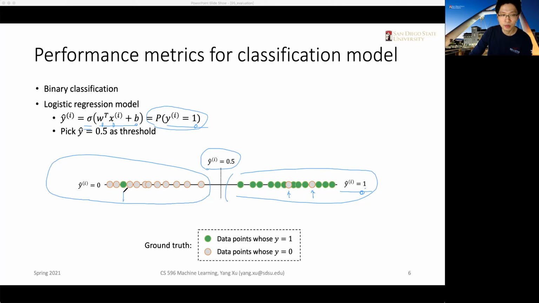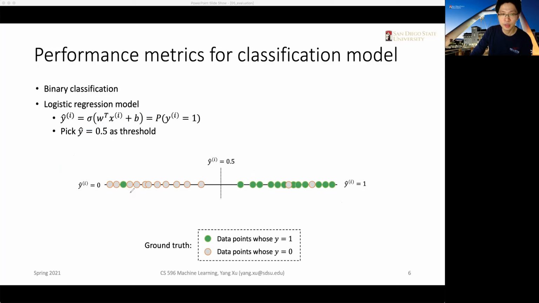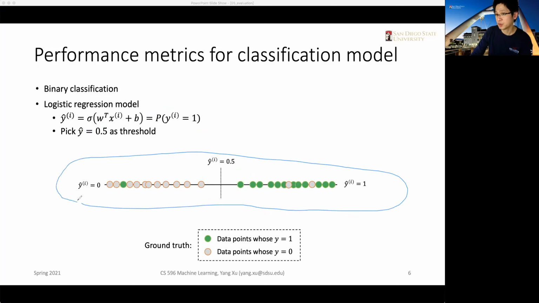And there's one actual positive example with y equals 1 that is misclassified as y equals 0. These are all very common, and it's okay, we can tolerate these misclassifications. The question is, how do we use these results to come up with metrics to tell how good the current model is?